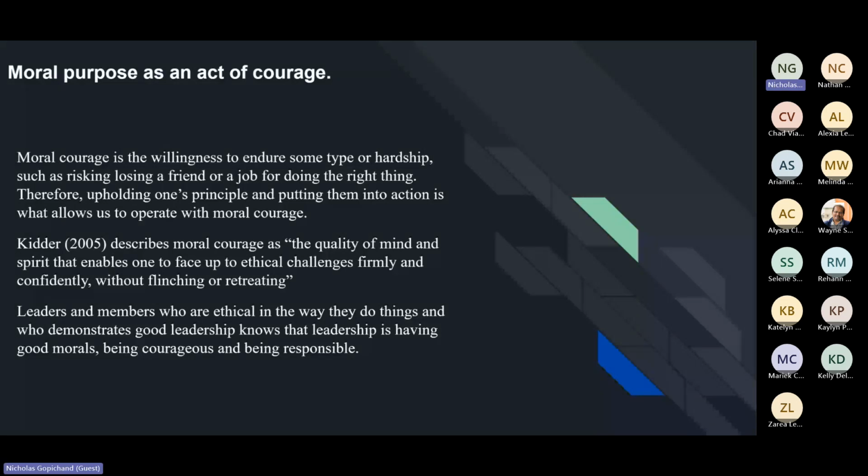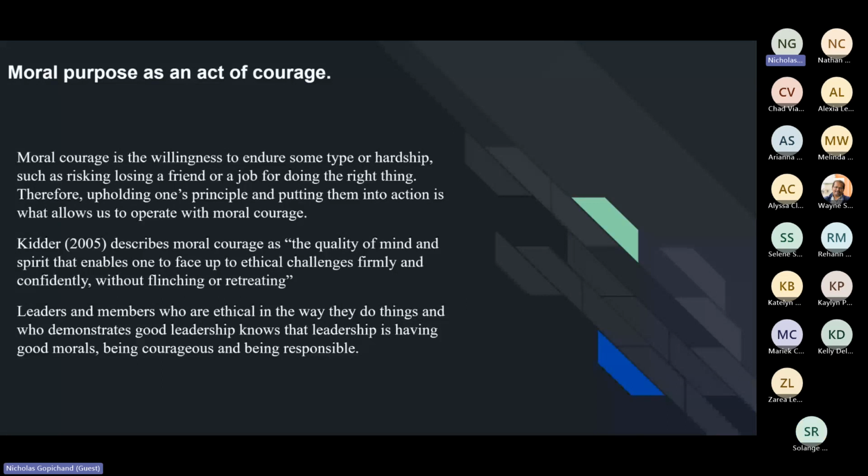Kidder, 2005, described moral courage as the quality of mind and spirit that enables one to face up to ethical challenges firmly and confidently without flinching or retreating. Leaders and members who are ethical in the way they do things and who demonstrate good leadership know that leadership is having good morals, being courageous, and being responsible.